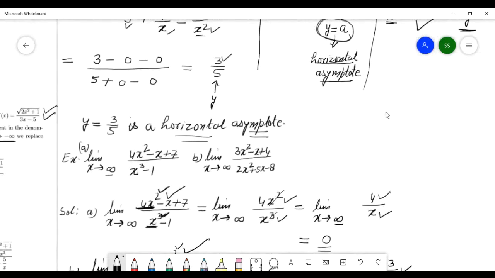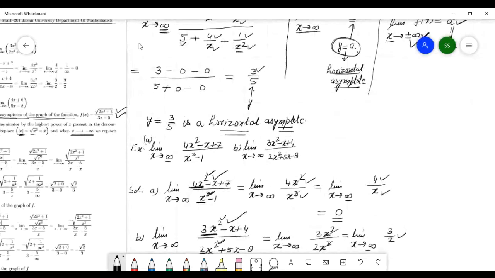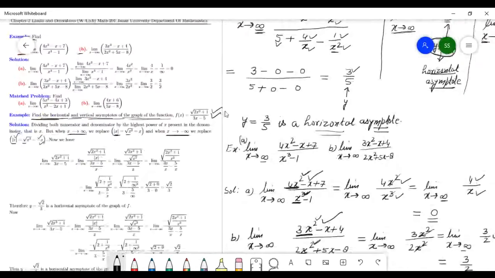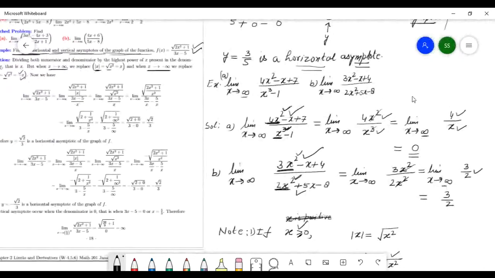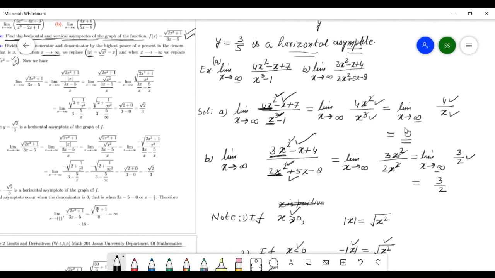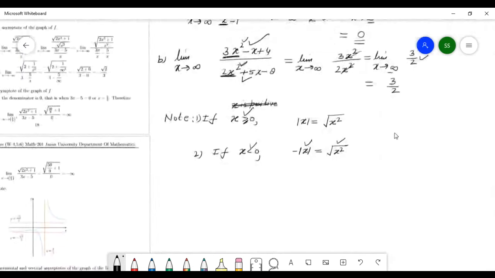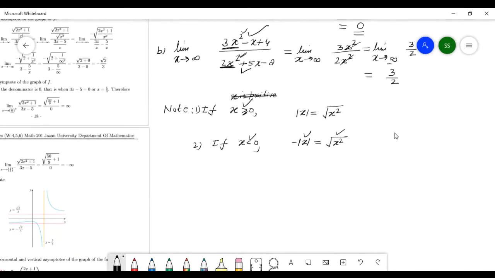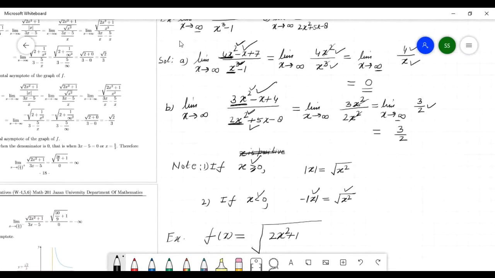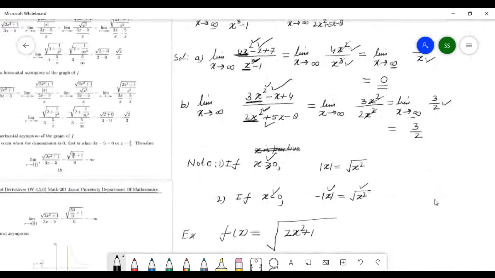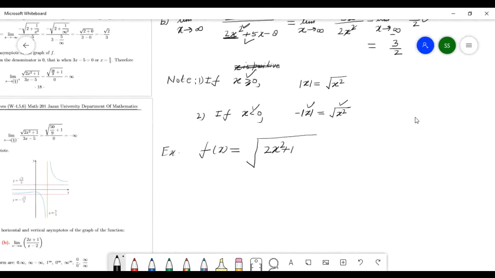Let me explain here. This is the question. f(x) equals under root x square plus 1, divided by 3x minus 5.